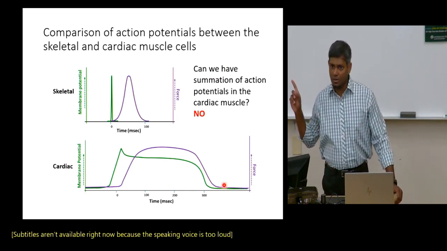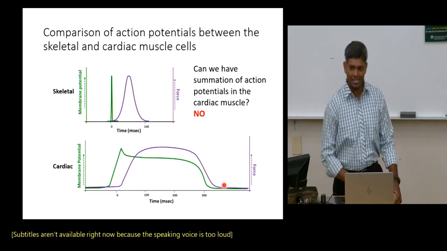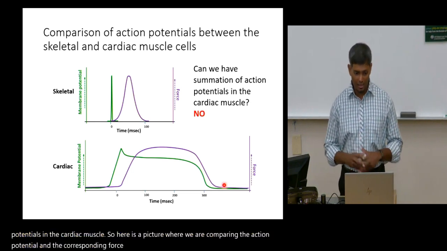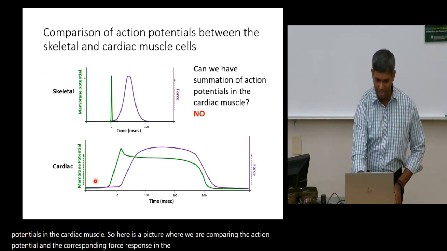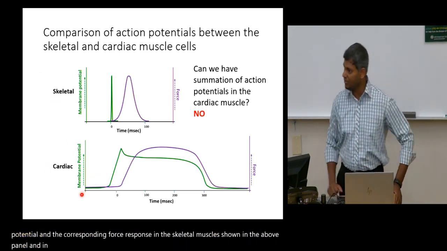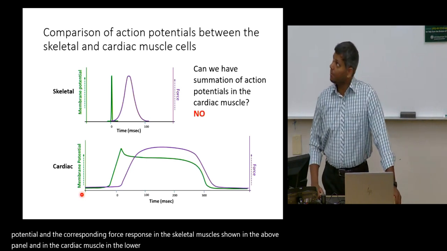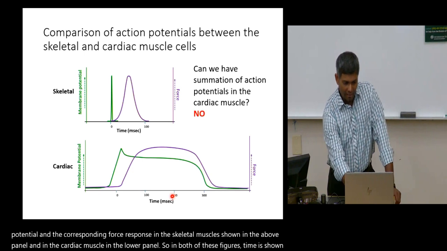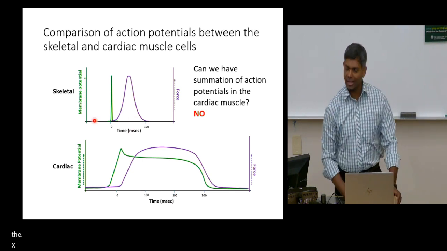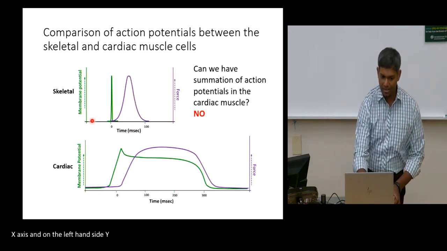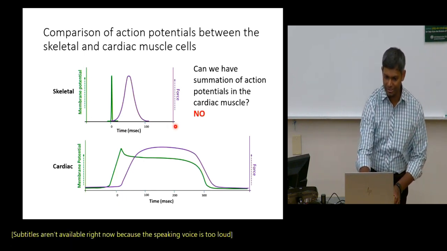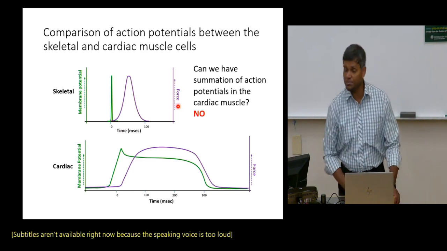So here's a picture where we are comparing the action potential and the corresponding force response in the skeletal muscle shown in the above panel and in the cardiac muscle in the lower panel. So in both of these figures, time is shown on the x-axis, and on the left hand side y-axis you see the membrane potential shown in green, and on the right hand side you see the corresponding force response.